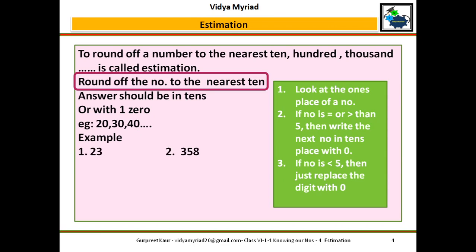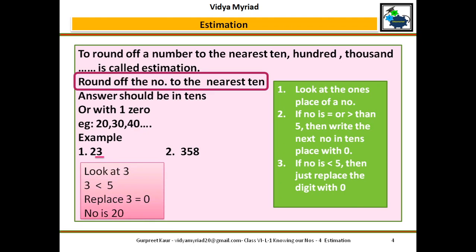Now let me take the numbers 23 and 358. Both these numbers I will try to round off to the nearest 10. Now as per the rule for the tens, I will just look into the ones place. If I take the case of 23, just look at 3. Is 3 greater than or equal to 5 or less than 5?